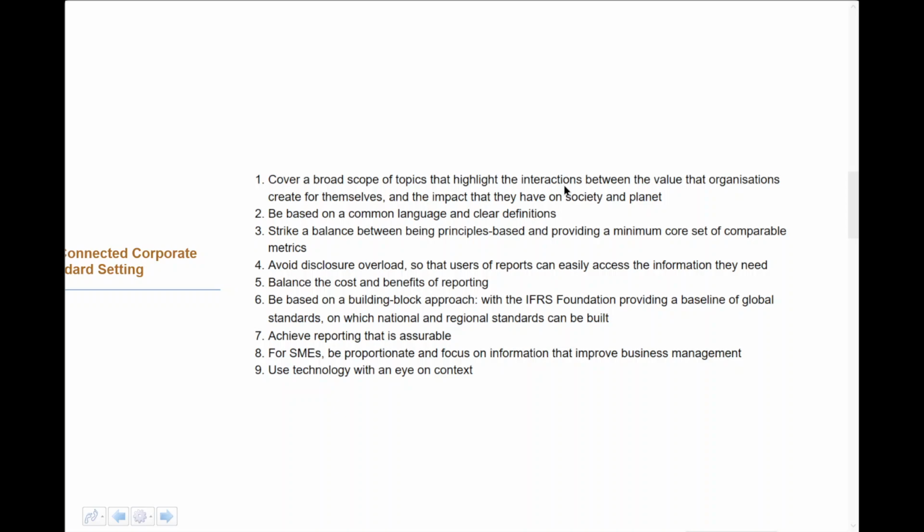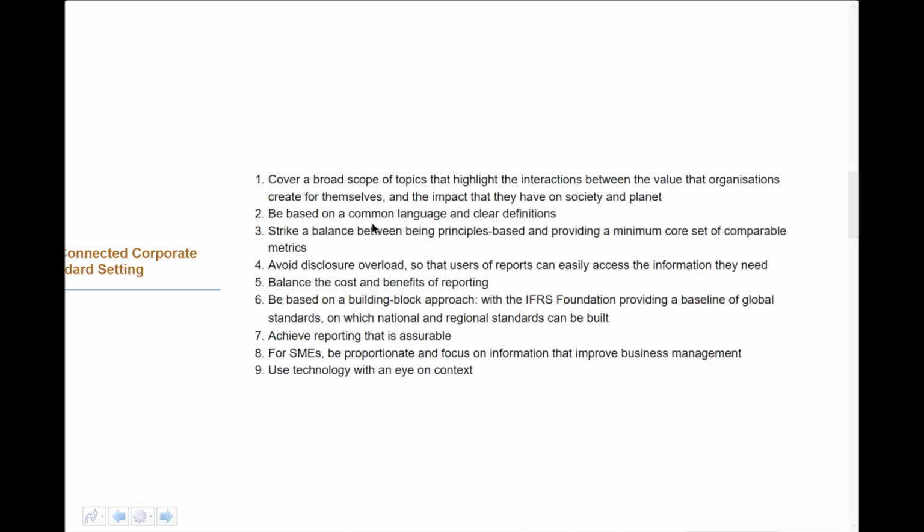The ACCA realized that for-profit organizations have a duty, indeed the directors have a duty to the shareholders to get a return, but they also have a duty to society and indeed the planet. So in effect, what point number one says is, yes, report on value, the value that you create, but also report on other important areas.